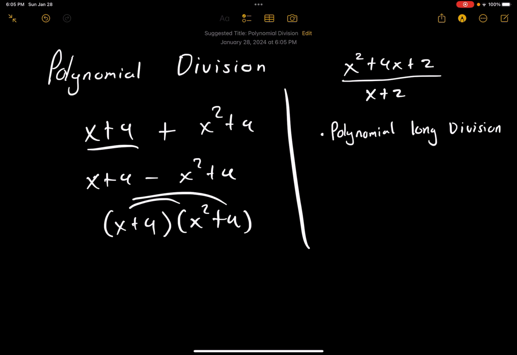And polynomial long division works pretty much exactly the same way we use long division with, let's say, 4 and 16. We check how many 4s are in 1, and it's 0, and then 4, etc. So let's just start with how polynomial long division works.